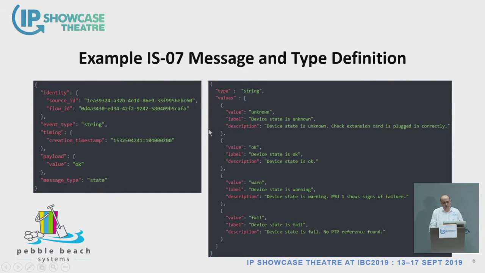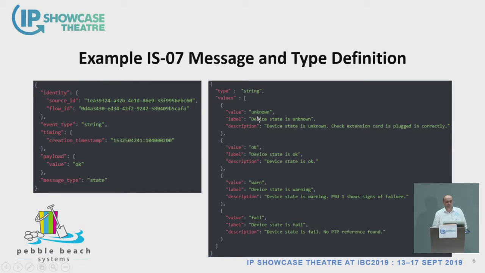And then let's have a look at the type definition that goes with this. In this case, it is a value list defined on top of the string type. If you see in the array, we have an array of 4 elements, and the value could be unknown, OK, warn, or fail. So that will be the actual payload that will be transmitted in the messages, as we have the OK here.